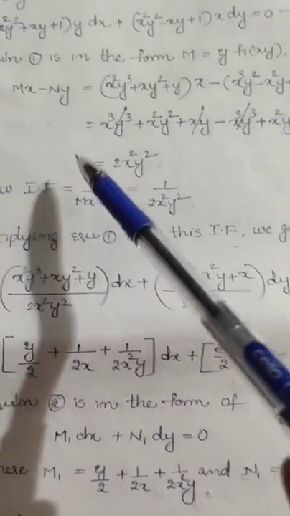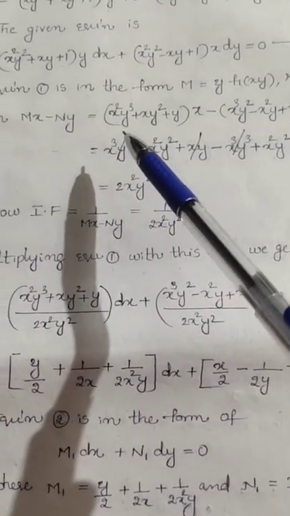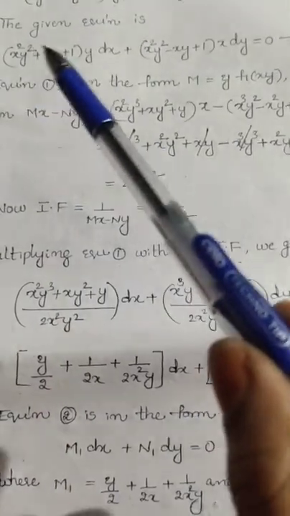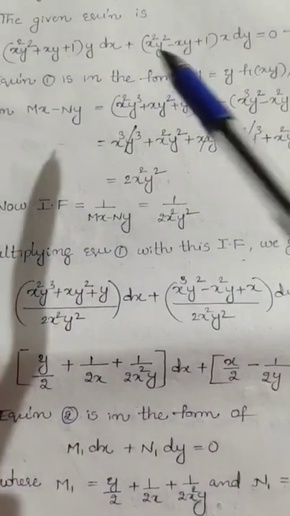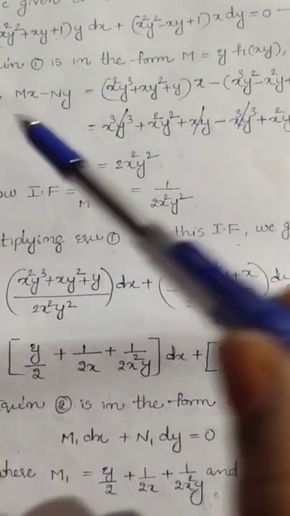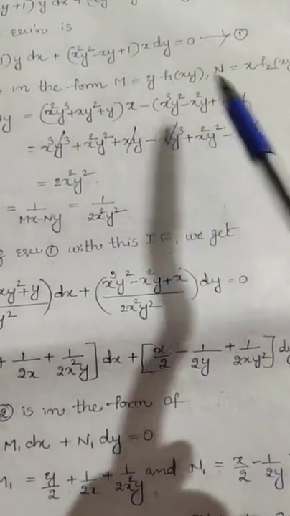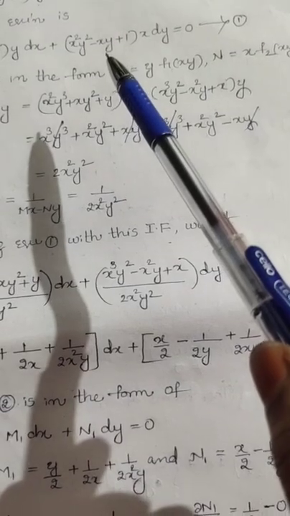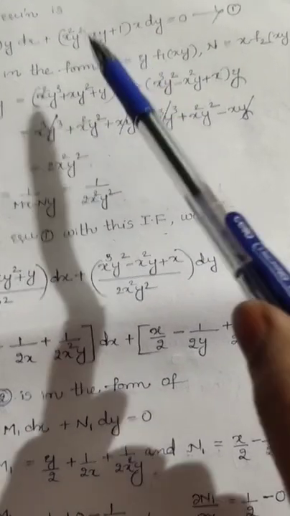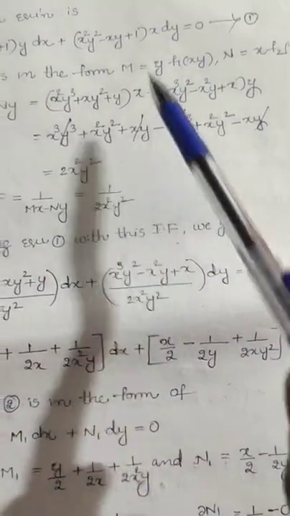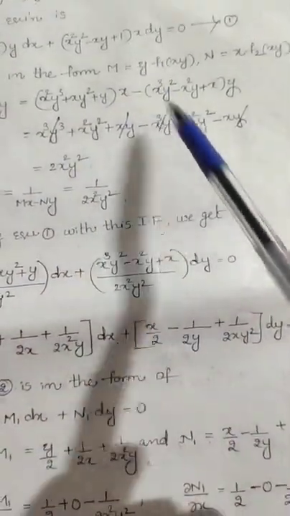Then Mx minus Ny equal to M value, x square y cube plus xy square plus y, into x, minus N value, x cube y square minus x square y plus x, into y.